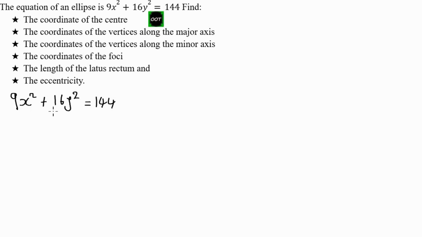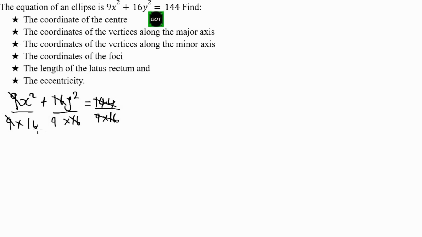So basically, when you have something like this, you want to get rid of the 9 and 16. So we can divide through by the product of 9 and 16. Understand? So dividing through by 9 times 16, we can see that this 9 can cancel out, this 16 can cancel out, and 9 times 16 can actually cancel 144.